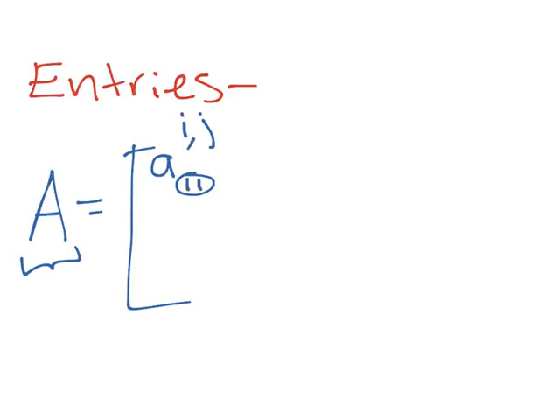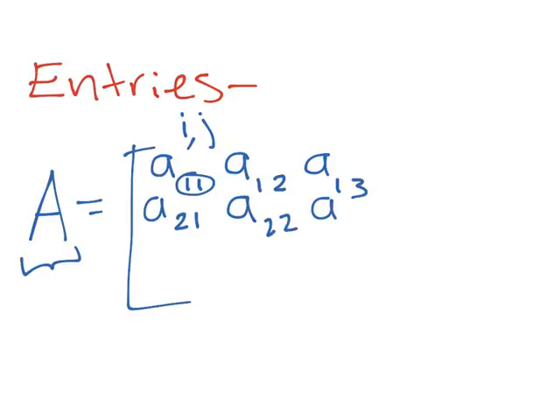So for example, for this one, we'll have A11. For the next one, it's still in the first row, but now it's in the second column, and so on and so forth. Now we can continue here. It's in the second row, but first column. It is in the second row and second column. And you can just see the pattern.